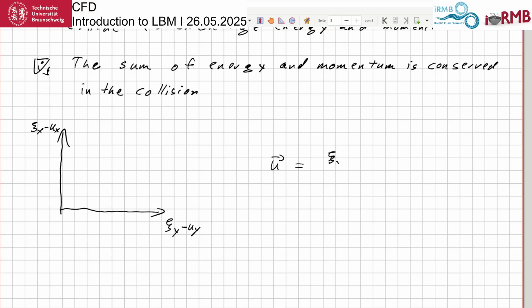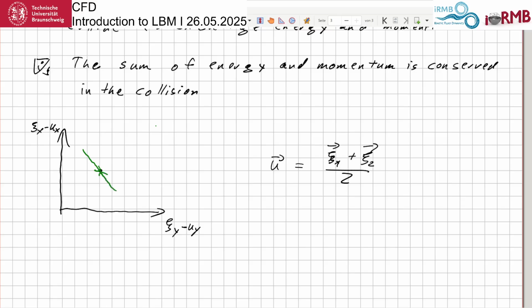So this is C1, the one particle coming in, plus the other particle coming in, divided by 2. So we look at the centered velocity, and I put my 0 like here, and now we consider two particles.